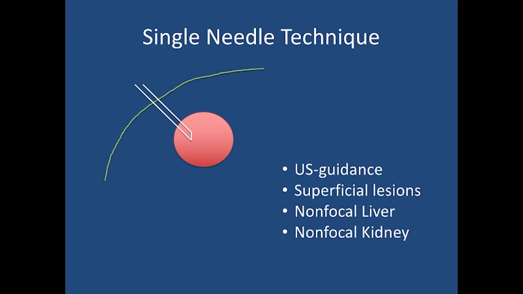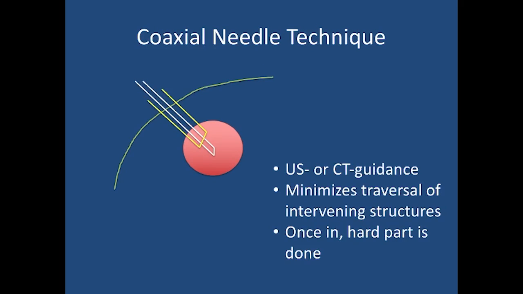Because there is a single stroke of the biopsy needle straight into the target, this is most commonly used with real-time ultrasound guidance, and is, as exemplified earlier in the talk, really geared for superficial lesions as well as diffuse parenchymal non-targeted lesions such as non-focal liver and non-focal kidney biopsies.